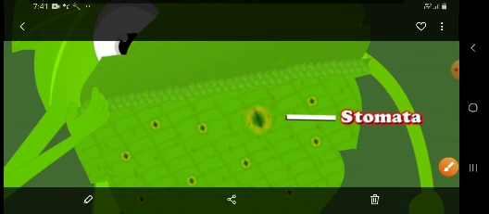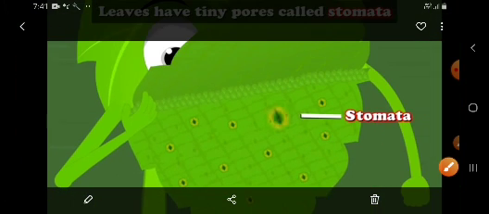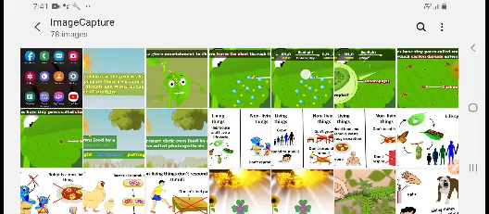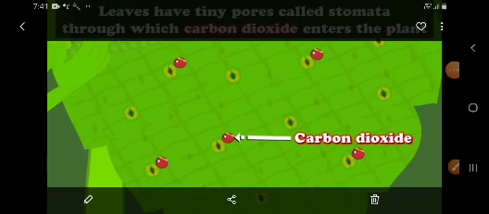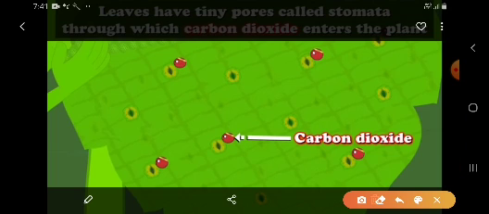Children, next we can see the same pores here. These are stomata. Now these are carbon dioxide.